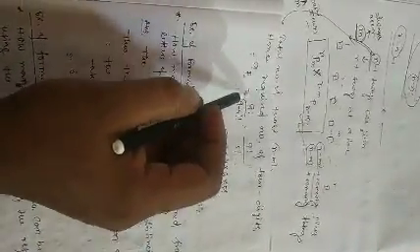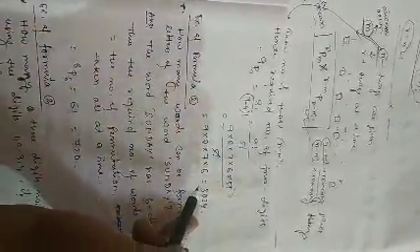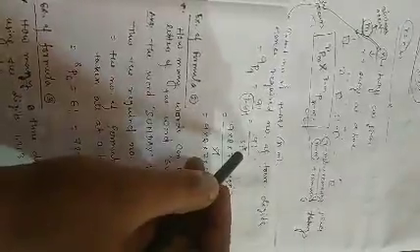Since repetition is not allowed, we select any 4 digits from the digits 1 to 9. Hence the required number from formula 1 is 9P4, as all are distinct. So 9 factorial by 9 minus 4 factorial, which is 9 factorial by 5 factorial. You can put it in the calculator and find the value 3024.